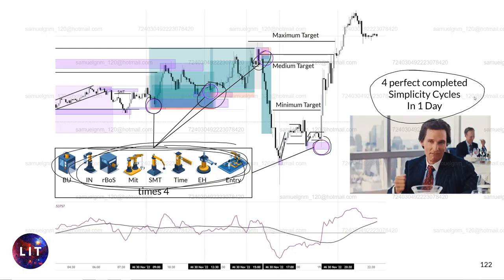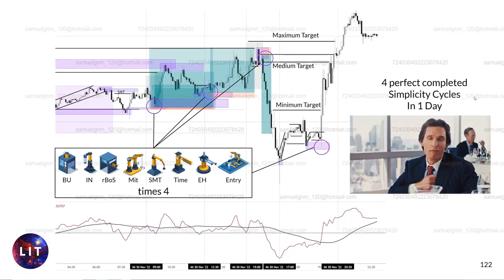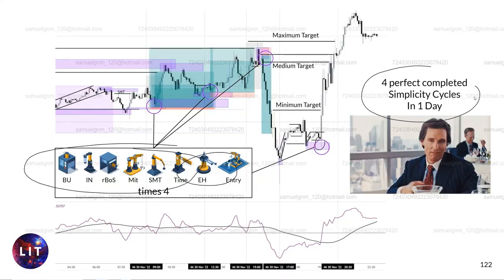Isn't that insane? Again, trade less but still trade the major trades of the day by using the fully maxed out simplicity approach. So even if you say this, for argument's sake, is too late and you didn't like it, these 3 should be 100% lining into those perfect completed simplicity approach cycles. And even the last one in here was fully maxed out as well.